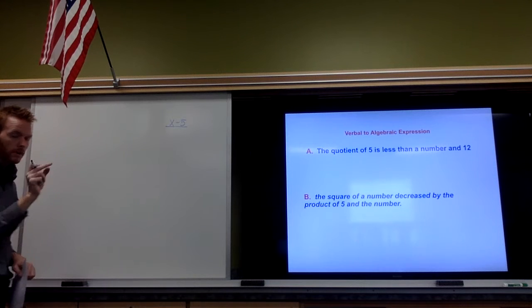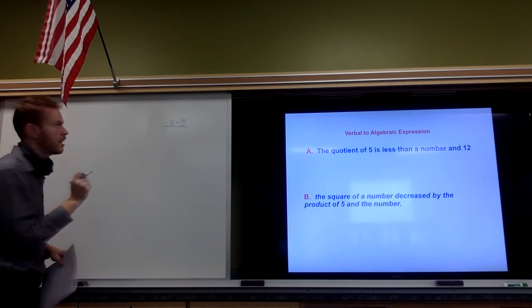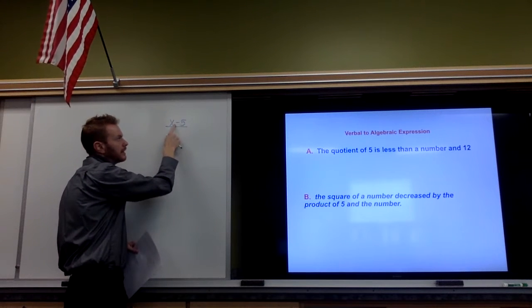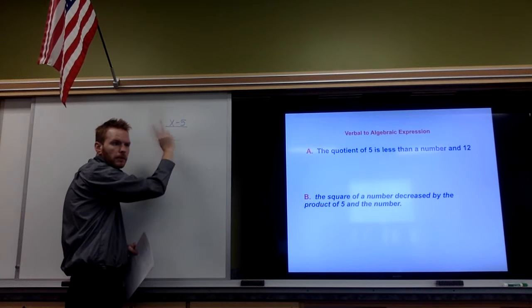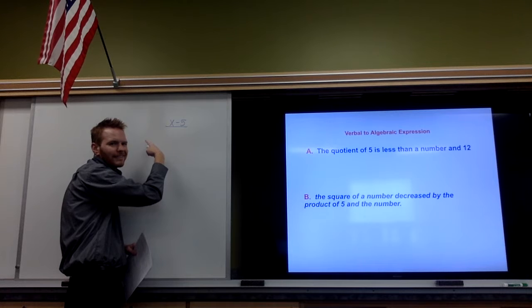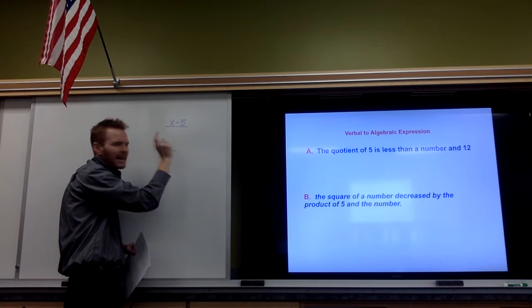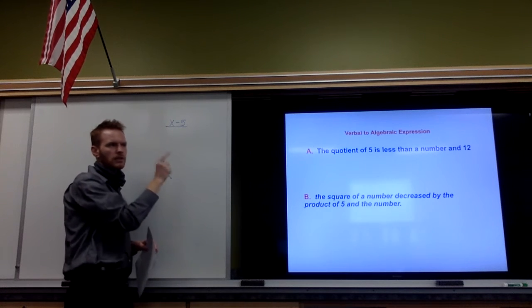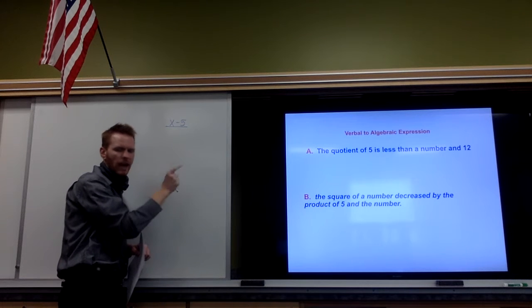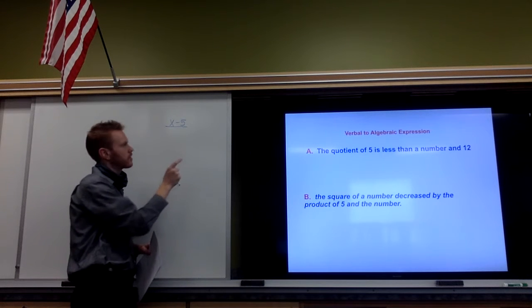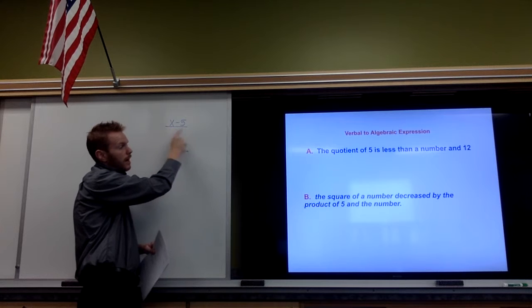Not reverse. It's not 5 minus x. Remember, it's 5 less than a number. If you flip it, you're saying a number less than 5. See how it kind of switches it? And I think that's the hardest thing when you're translating a subtraction expression. So it's x minus 5.